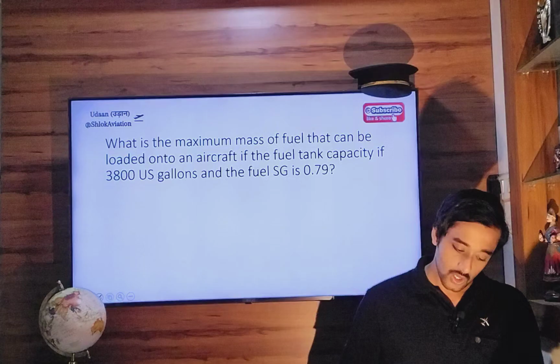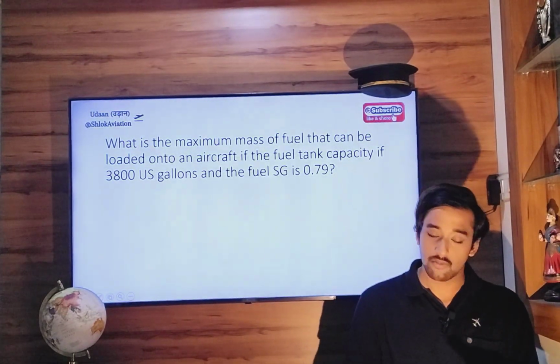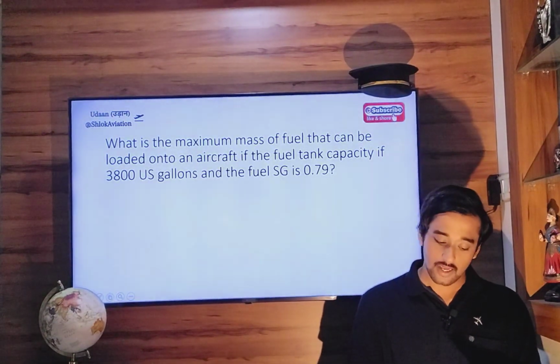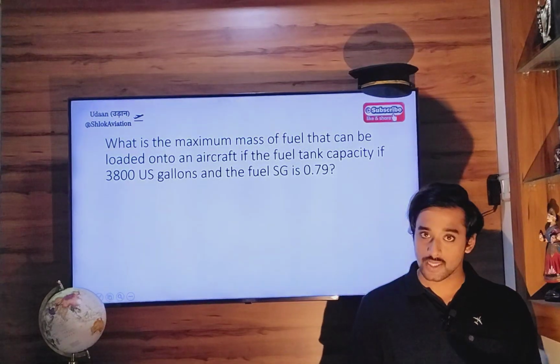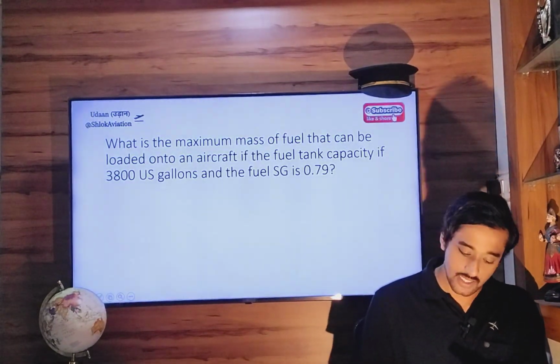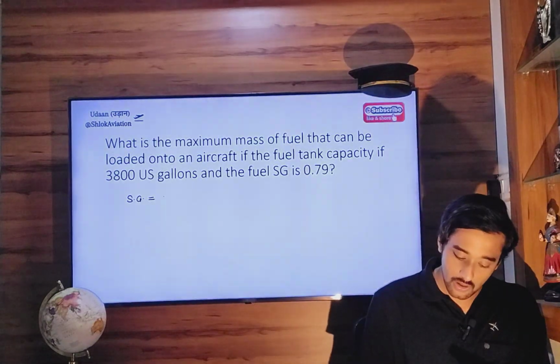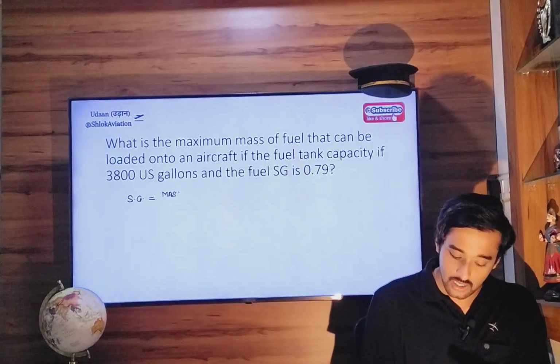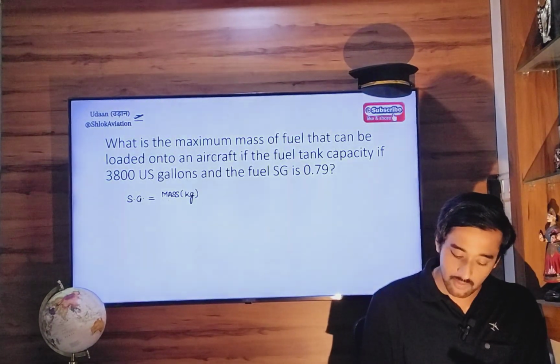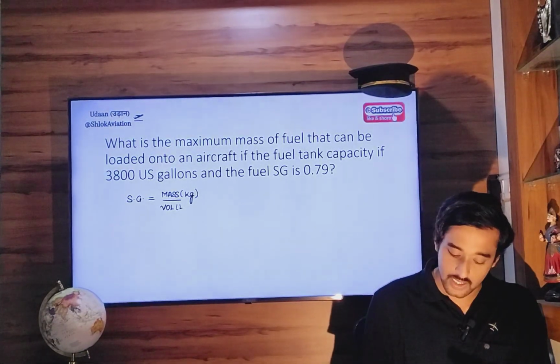Next, what is the maximum mass of fuel that can be loaded on the aircraft if capacity is 3,800 US gallon and specific gravity is 0.79? So specific gravity equals mass in kg divided by volume in liters.